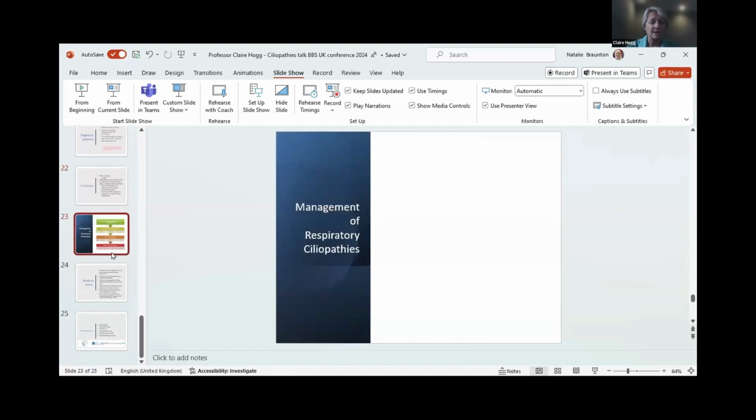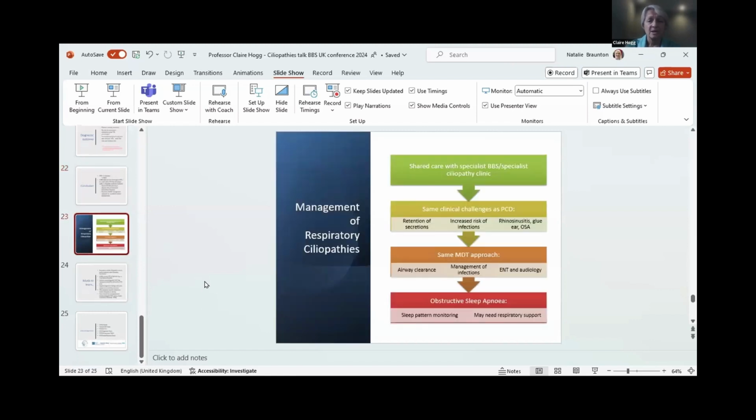Next slide, please. So the management of respiratory ciliopathies is, in actual fact, pretty much identical to what we would do with primary ciliary dyskinesia. So Phil and his colleagues and other specialists who look after primary ciliopathies, if they have respiratory symptoms, would send them across for that diagnostic pathway that I've just walked you through.